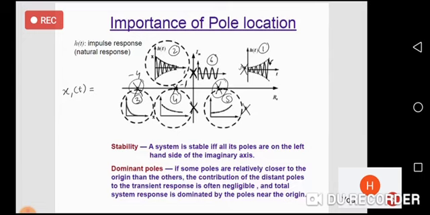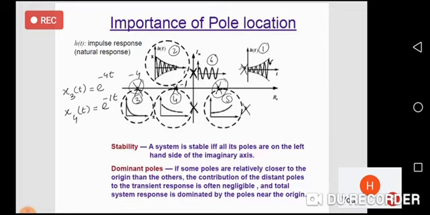So this x1 represents system 4, or let's say system 3. So e raised to the power -4t. And the second one, let's call it x3, let's call it x4. e raised to the power -1t.